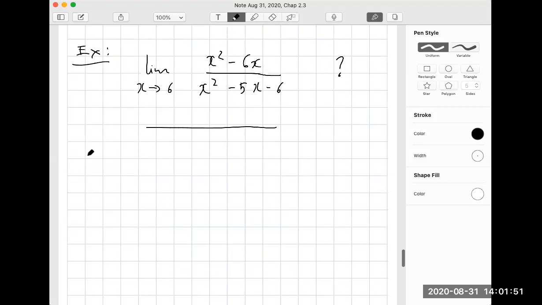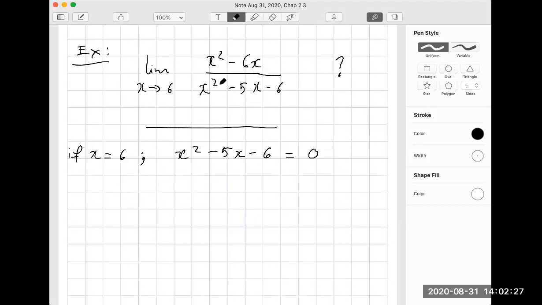So we see that when x is equal to 6, x squared minus 5x minus 6 is equal to 0. It means that the denominator here is 0. This fraction is not defined. Or x equal to 6 does not belong to the domain of this guy, right?